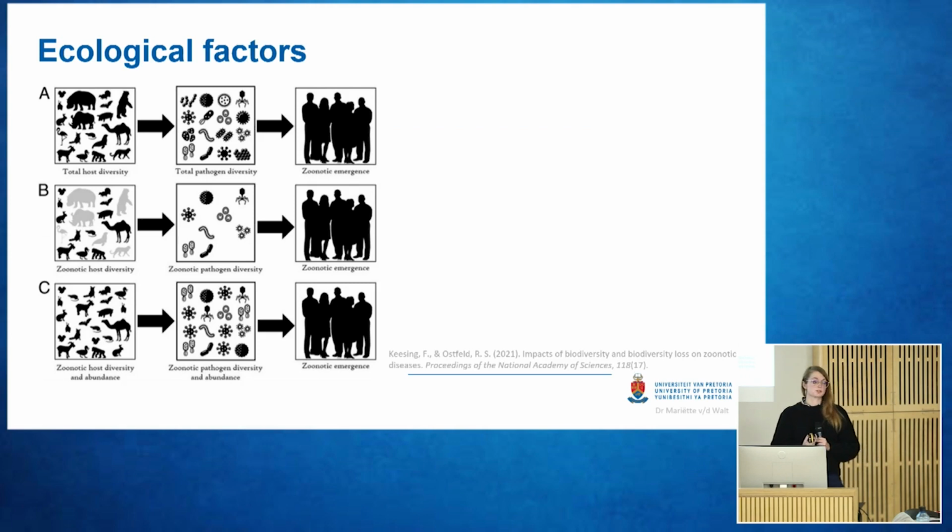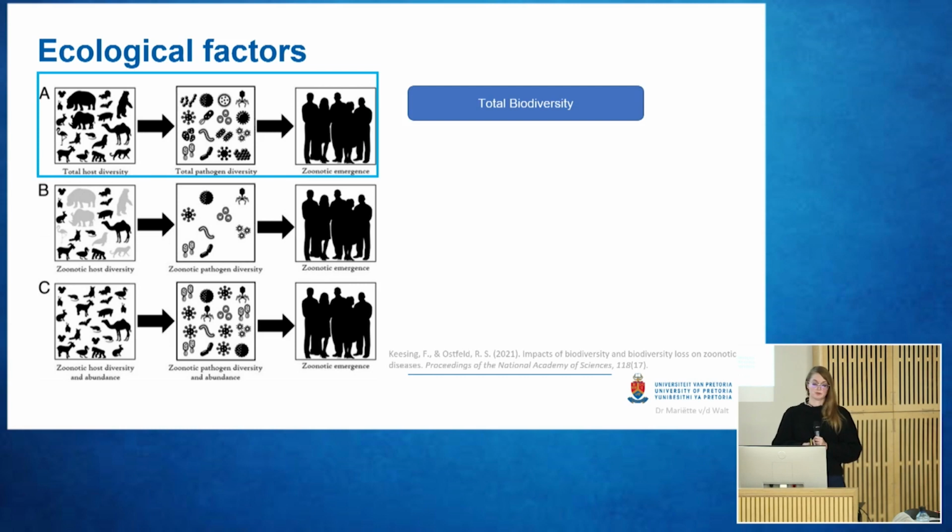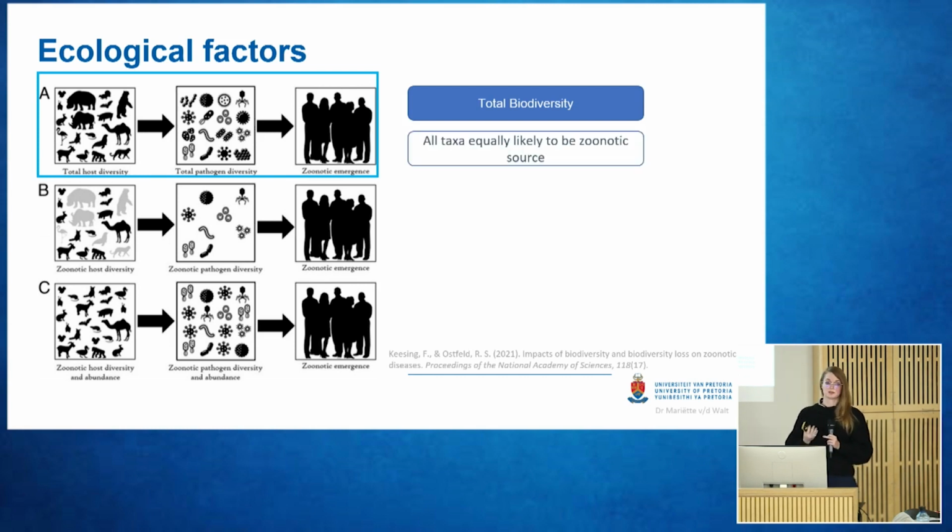So these are also just some models showing the different approaches that we can take when we study EID emergence. So the first model is your total biodiversity model, where we assume that all taxa within the animal kingdom are equally likely to be sources of zoonotic outbreak. But the reason that this model is not very popular is it's a lot of work.